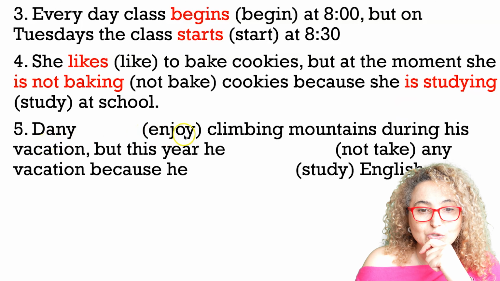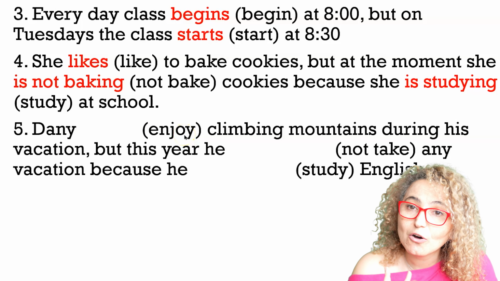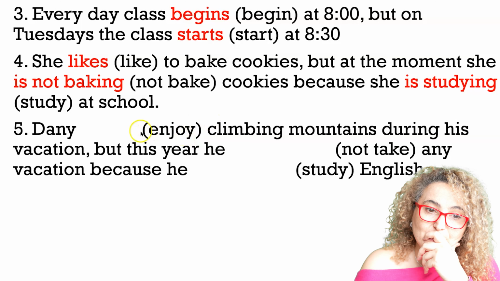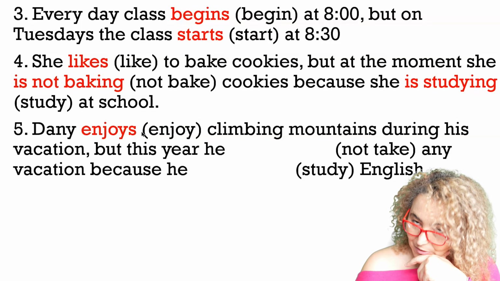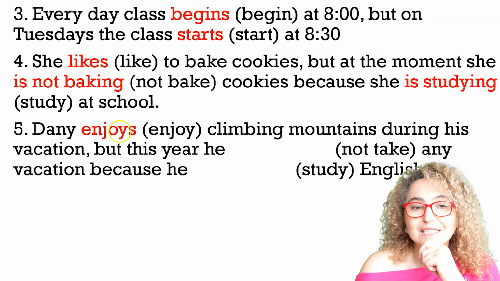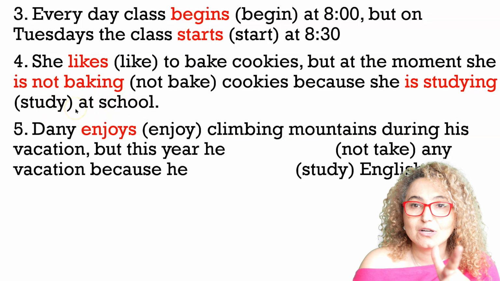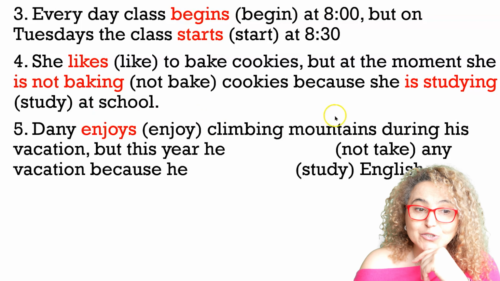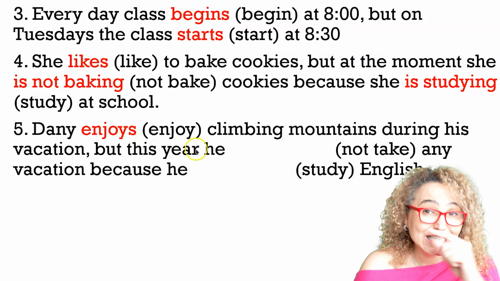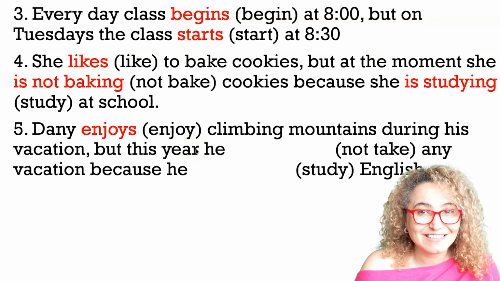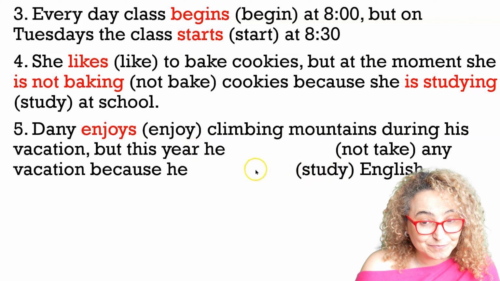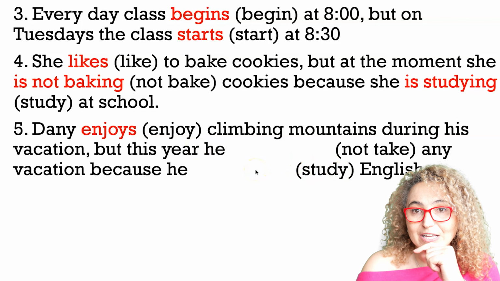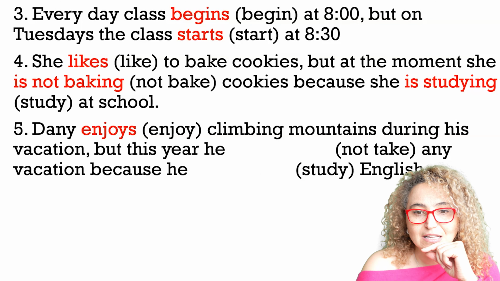Danny enjoys climbing mountains. That's his hobby. Good. Danny enjoys, with an S, because it's the hobby. Climbing mountains during his vacation. But this year, not take any vacation. What do you think the answer is?